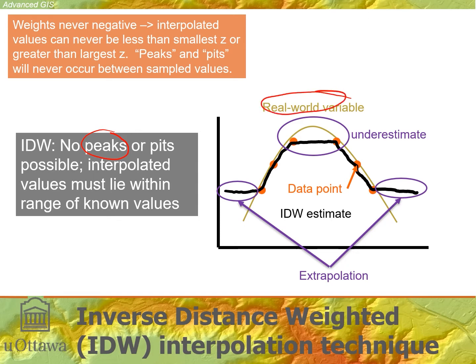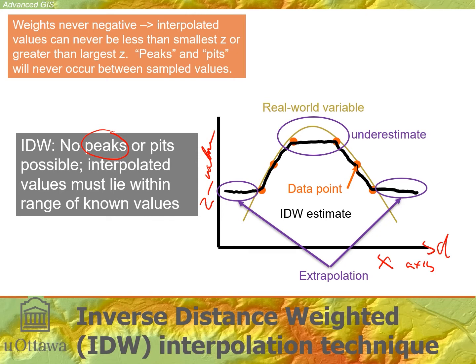That's the brown line. And this is, again, a cross-section or transect, or you could think of it as a one-dimensional example. So the real-world variable is this hill that we see here, and that's a Z value here on the Z-axis. And this is the X-axis, and it's distance.